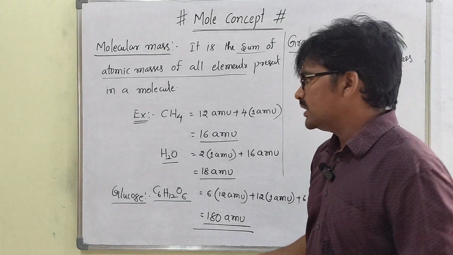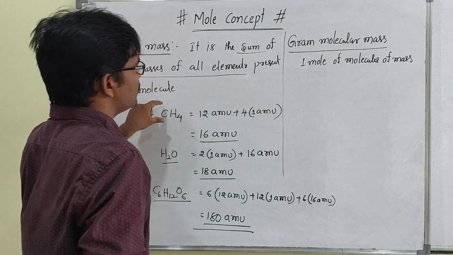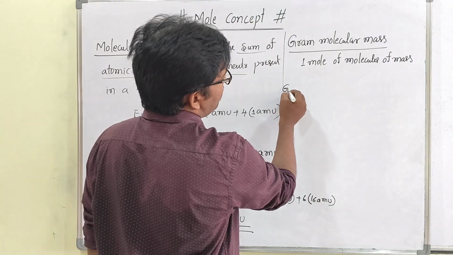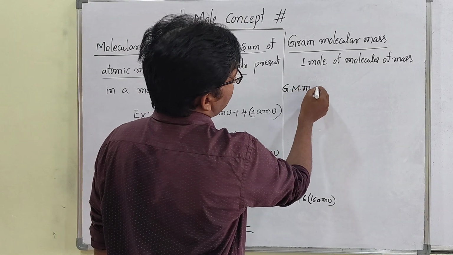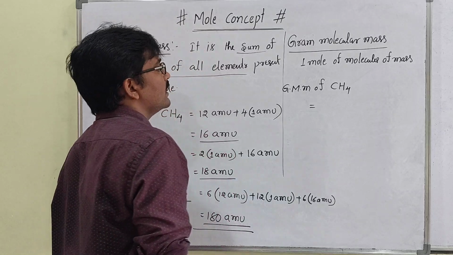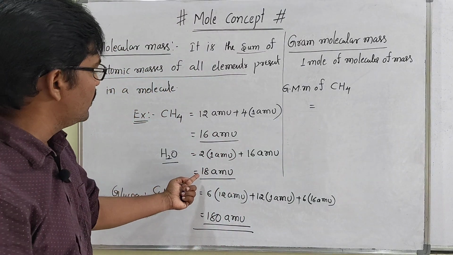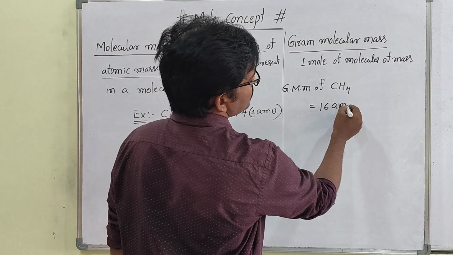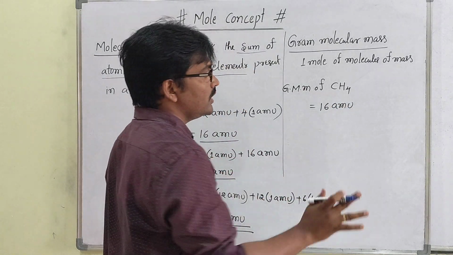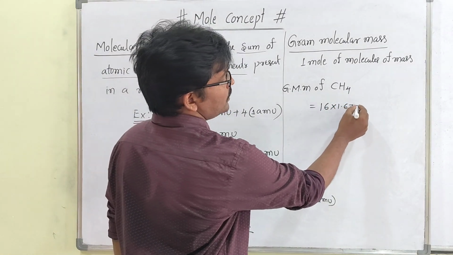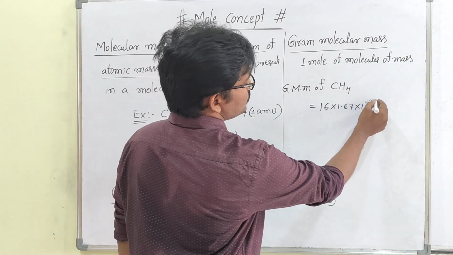Again we know that. For example, if you want to find the gram molecular mass of CH4, we have already calculated the molecular mass, which is 16 atomic mass units. 1 atomic mass unit equals 1.67 into 10 to the power of minus 24 grams.